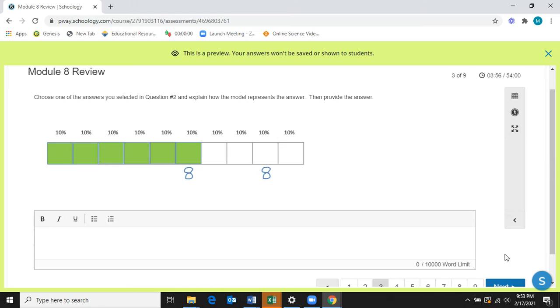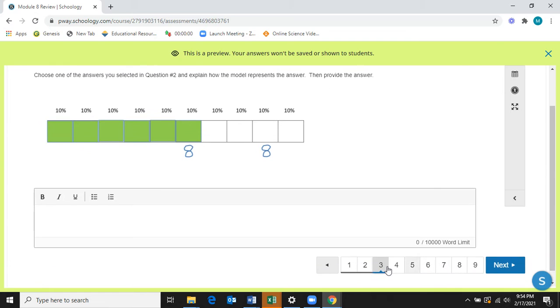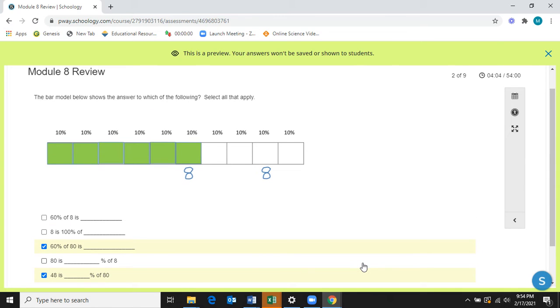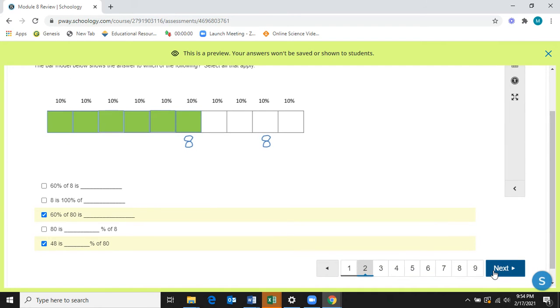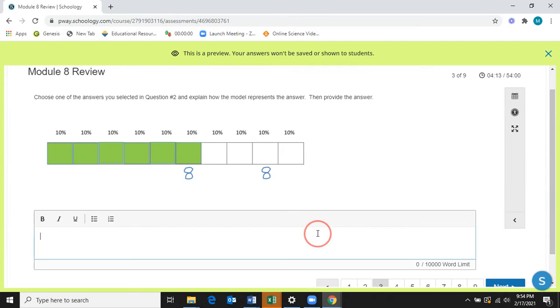Now this question says, choose one of the answers you selected in question 2 and explain how the model represents the answer, then provide the answer. So I'm going to go back to question 2, and let's say we want to check 60% of 80. So 60% of 80 is 48.